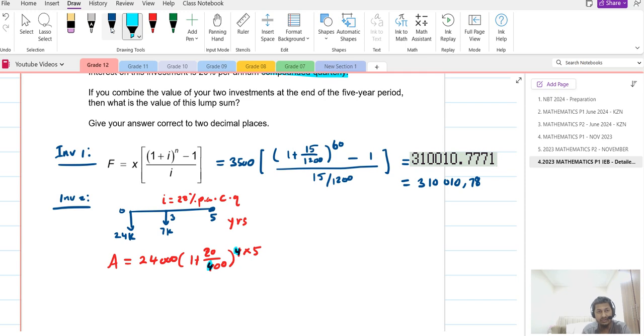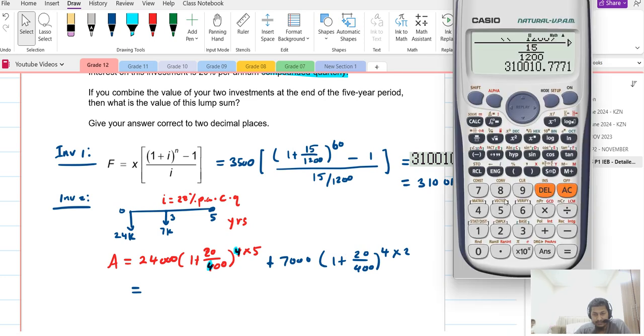Either way, 5 years has 20 quarters. Plus we have 7,000 into 1 plus 20 over 400 to the power 4 times, now you have a balance of 2 years remaining, so take that forward. And we get a final answer here as well.